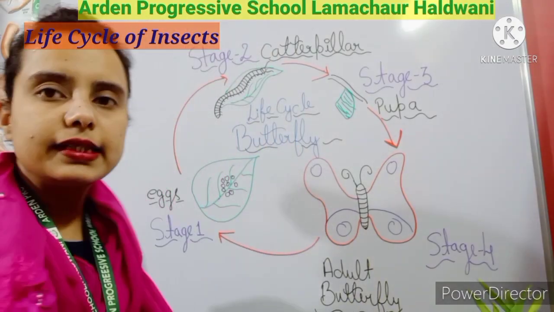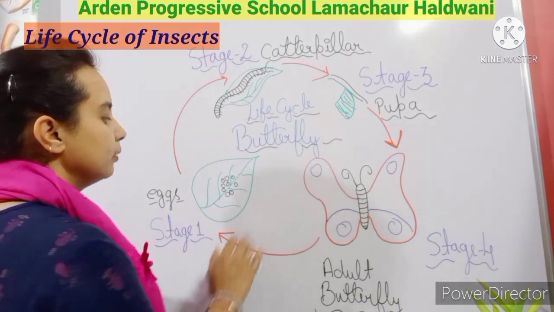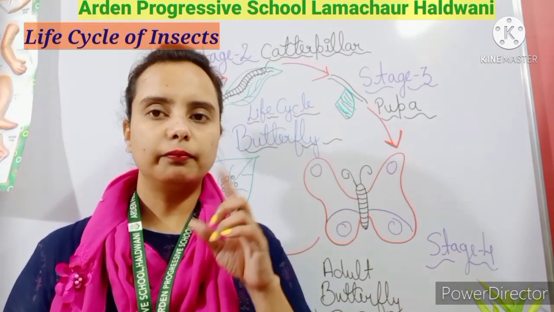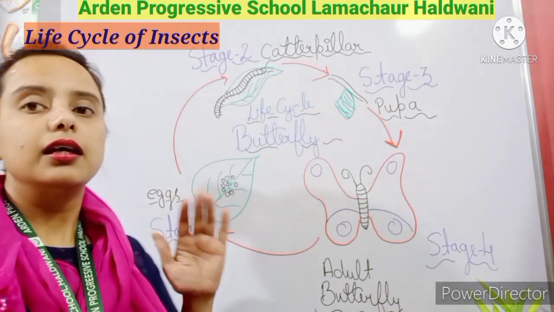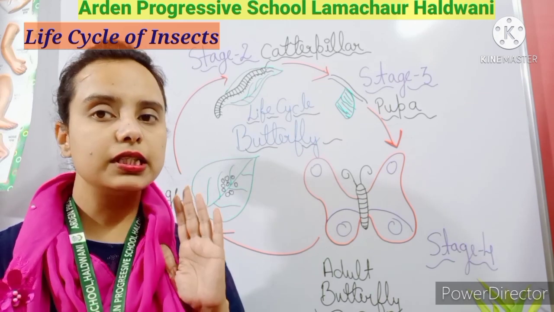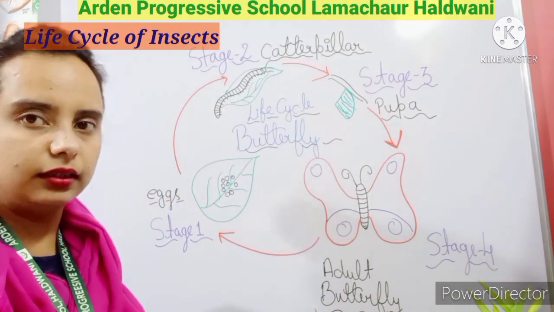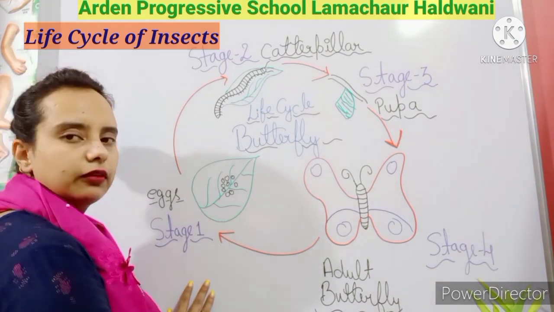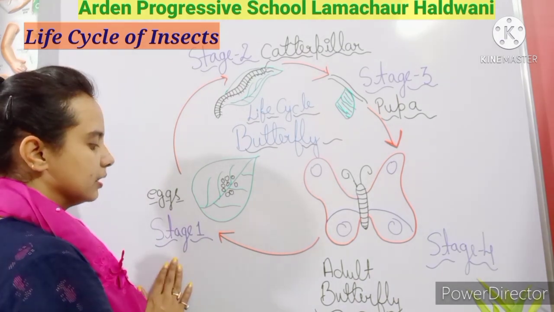Now here is the life cycle of a butterfly. In this butterfly it takes 4 stages to complete its life cycle. The first stage is the female butterfly laying eggs on the leaves. This is stage 1.